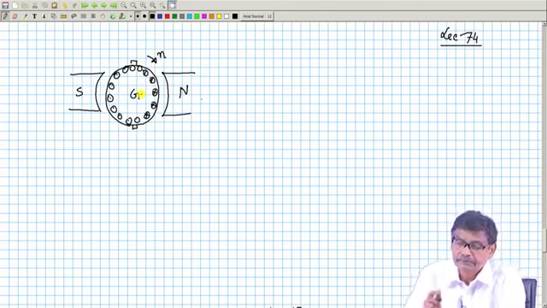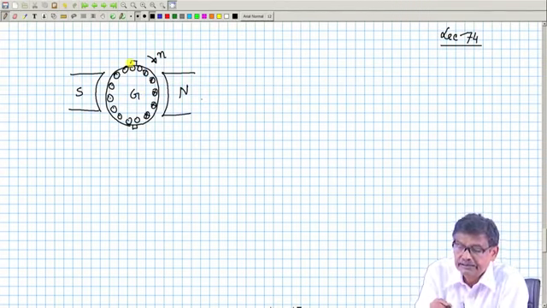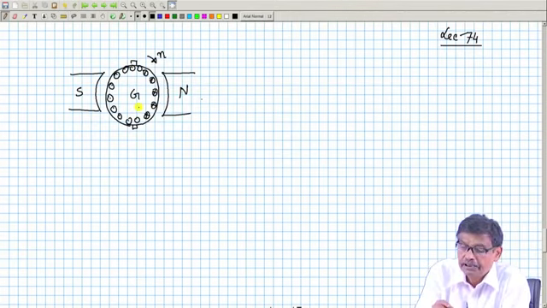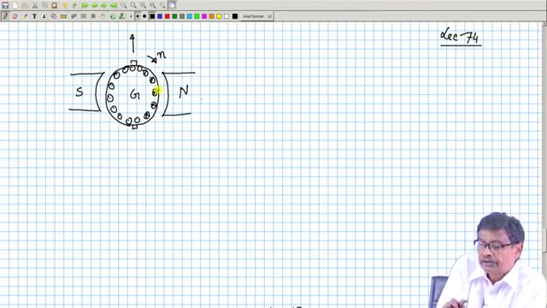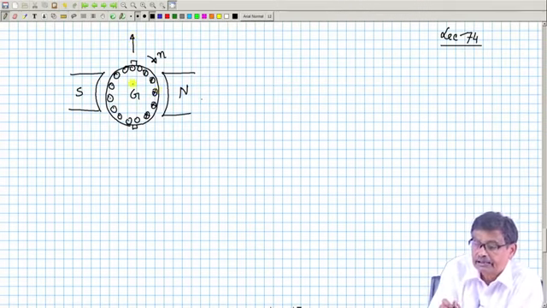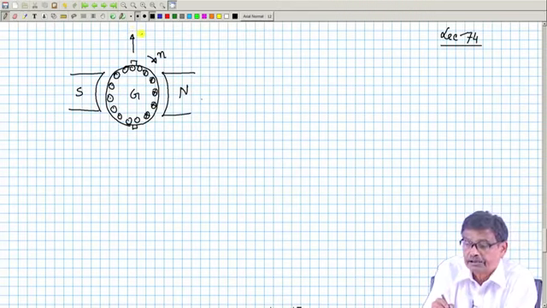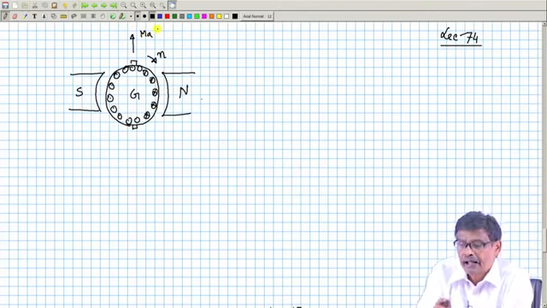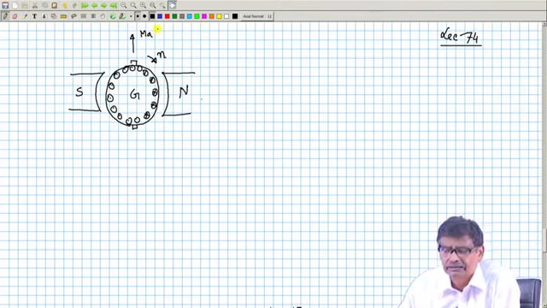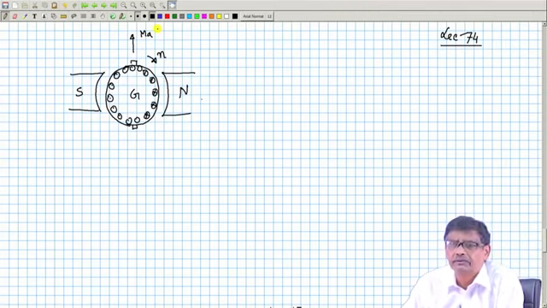Now, in this case, the armature MMF will be acting along the q axis, is it not? This is cross, dot. So, the field will be acting in this direction, and the armature MMF like that, and in the quadrature axis the reluctance is high. So, the corresponding flux will be less, that is a good thing.